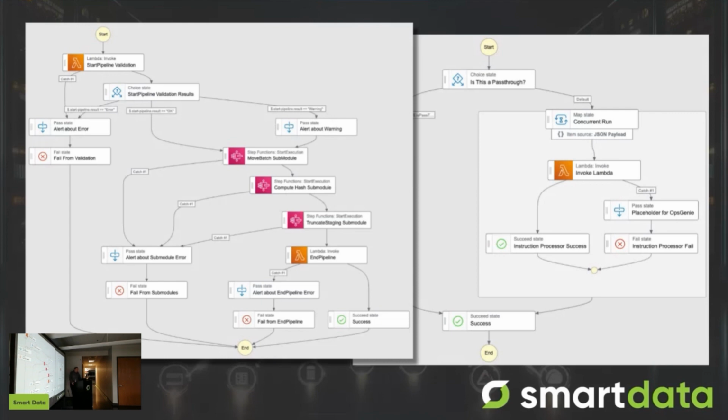What we're seeing here is a diagram generated by AWS representing the main state machine, which is fantastic because then I didn't have to lay one out like I did all the other slides. Plus you're seeing one of the sub-modules, since you can actually have state machines called by state machines.